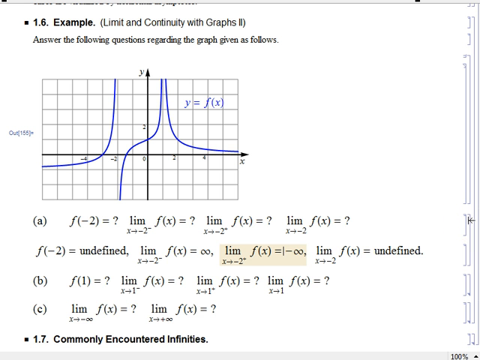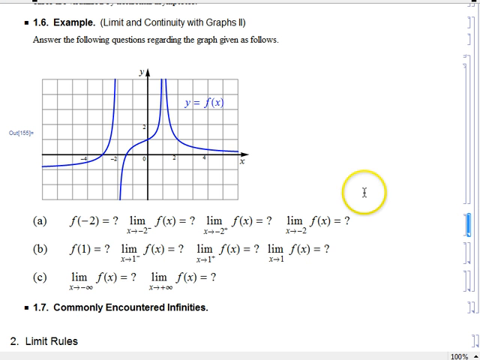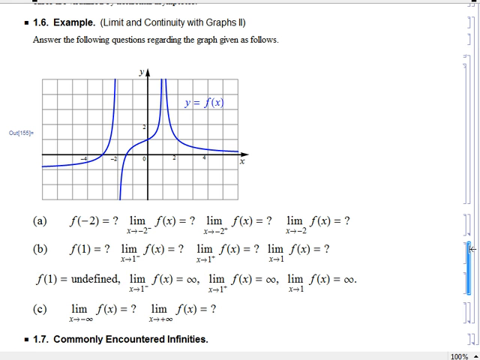How about problem B here? We are looking at the problem when x equals 1. In that case, whether I follow the left-hand side or right-hand side, function values just blow up to infinity. So the limit as x approaches 1 from the left-hand side or right-hand side are the same, both positive infinity.